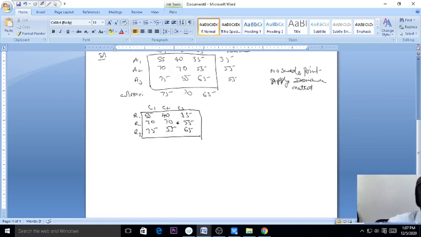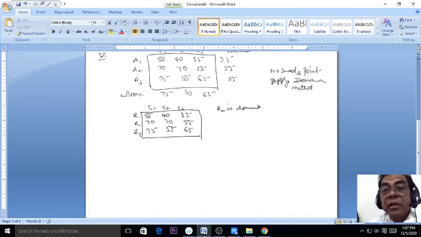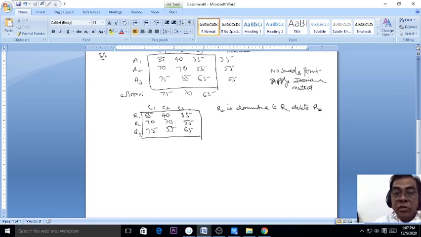So here write the statement: R2 dominates R1. Delete R1, because in rows we select the larger values only.